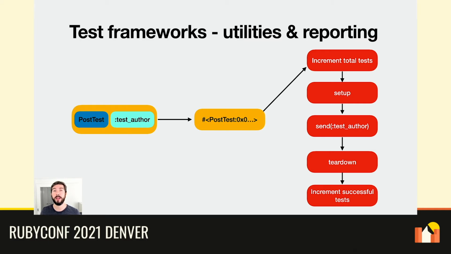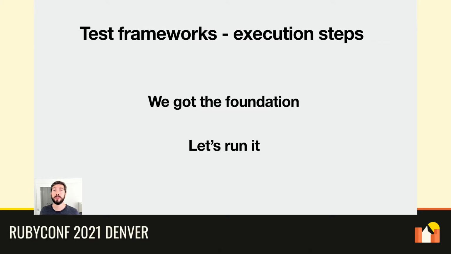The reason that we can do that is because we're raising that specific custom error class every time an assertion fails, and assertions would have failed inside the body of the test between setup and teardown. We can rescue that particular error class at a higher level than this execution flow, which then guarantees that reaching the last instruction means the test has passed. And so we can increment the total number of successful tests and print a dot to the screen to display some more progress.